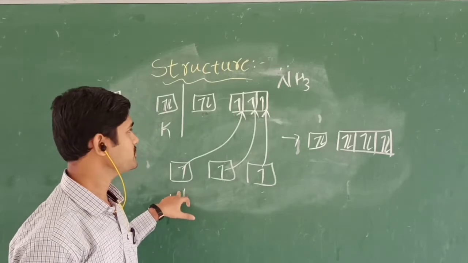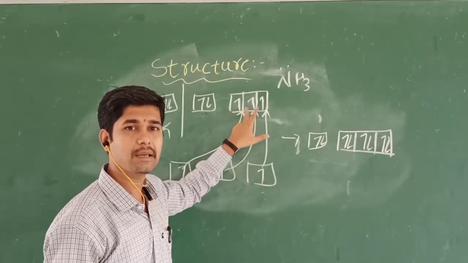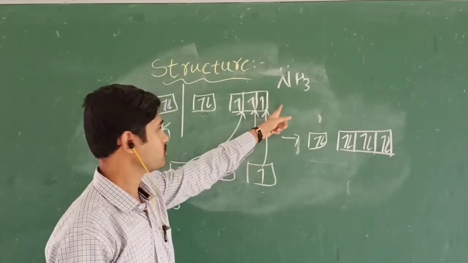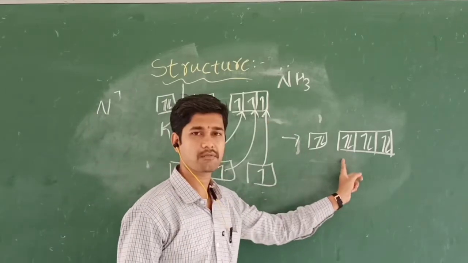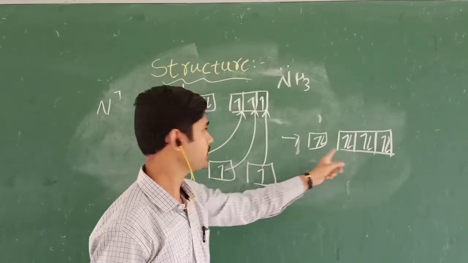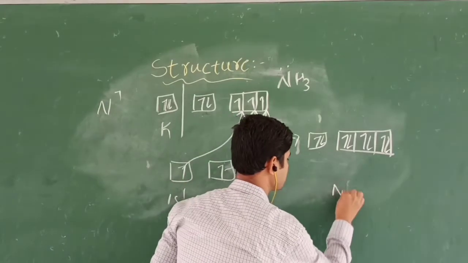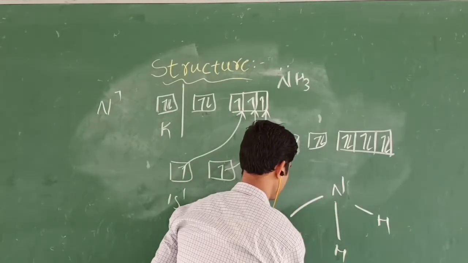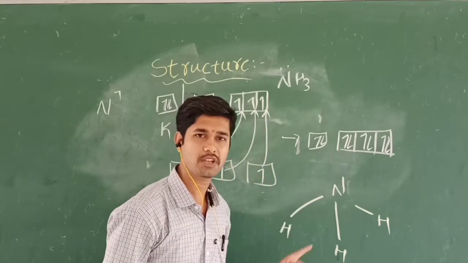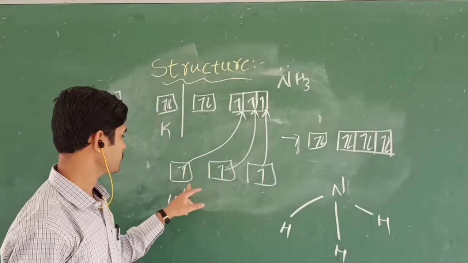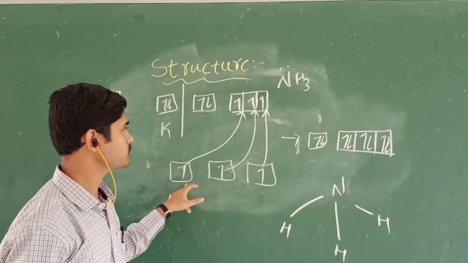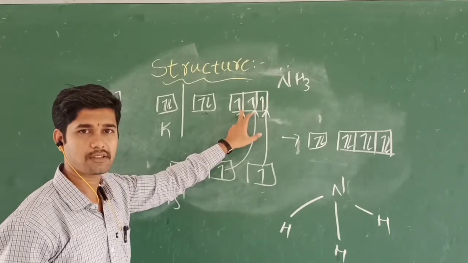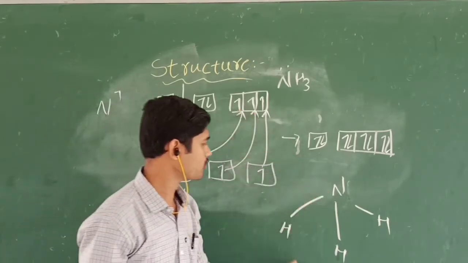The s orbital mixes with the 3 p orbitals of the nitrogen atom. I write it as NS3, like this, because of mutual sharing of pairs of electrons. Hydrogen pairs with the p orbitals of nitrogen, so 3 bonds come.